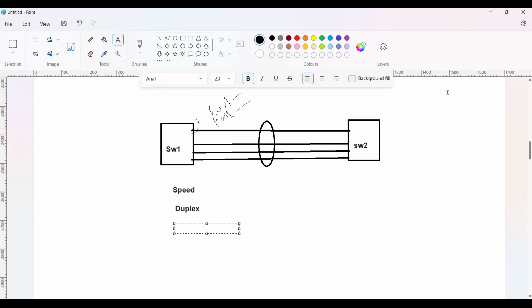But whichever protocol we are configuring, the EtherChannel standard must match on both ends.